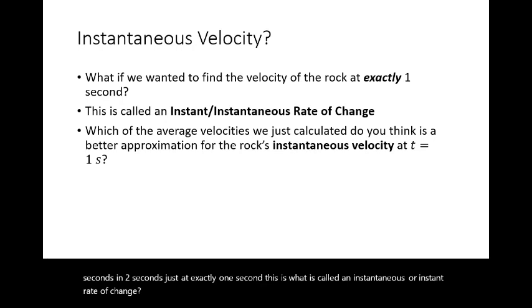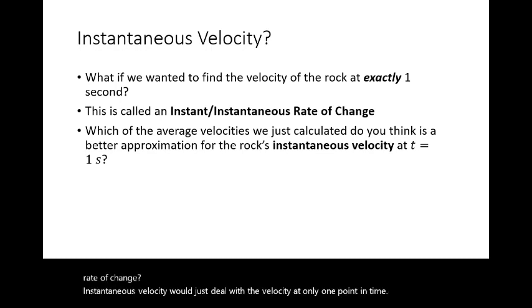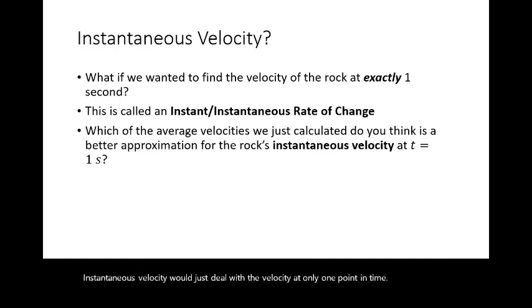The average rate of change requires 2 distinct points in time. So instantaneous velocity would just deal with the velocity at only 1 point in time. So unfortunately, you can't use the average rate of change formula to find instantaneous rate of change, because instantaneous rate of change only involves 1 point and the slope of a line requires 2 points.